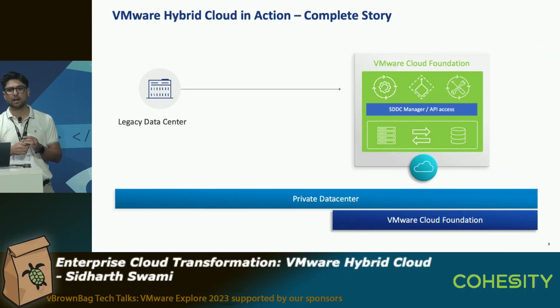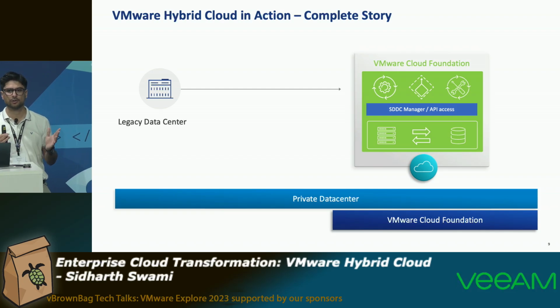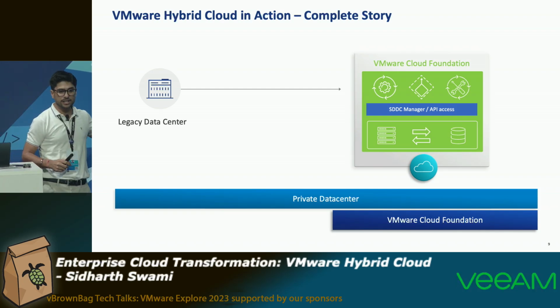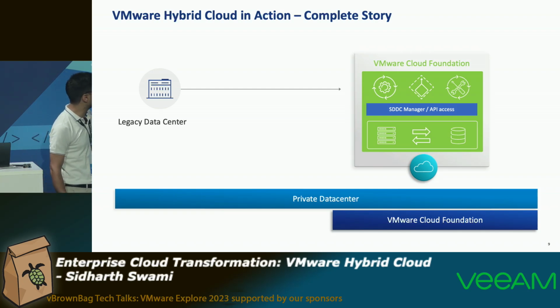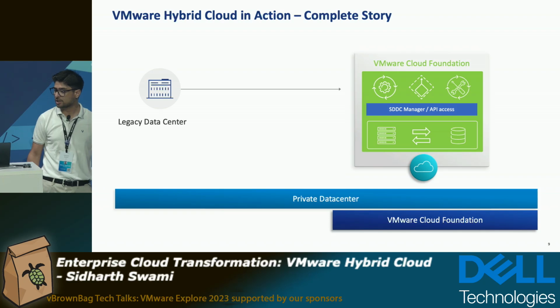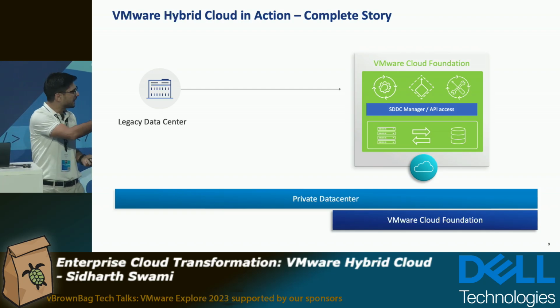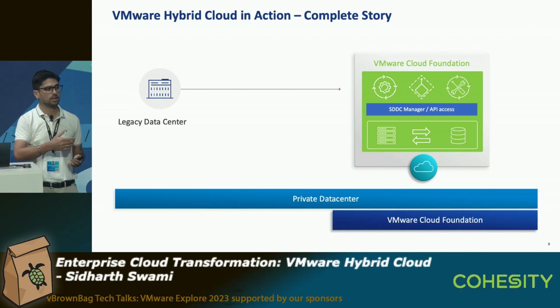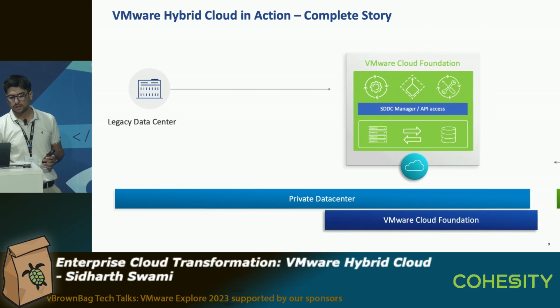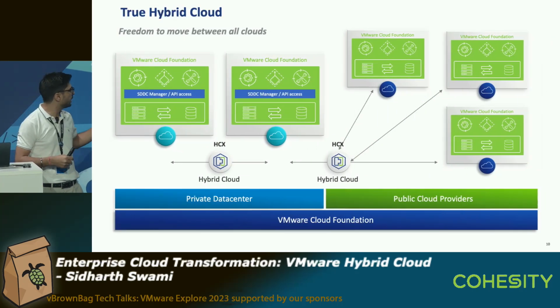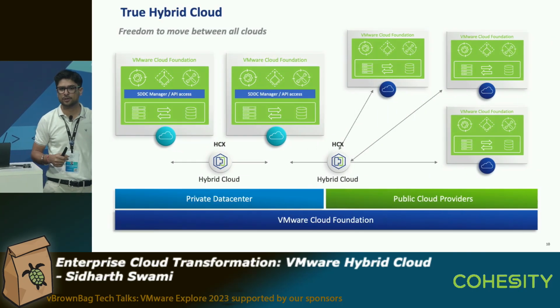Finally, let's look at how this whole thing looks from an overall complete story perspective. You have a legacy data center, and this legacy data center is further modernized in the form of VMware Cloud Foundation. We have spoken about it. This is a form factor offered by VMware with a proprietary software suite. Once customers migrate to VMware Cloud Foundation, it gives them the flexibility where it can run in any of your data centers.